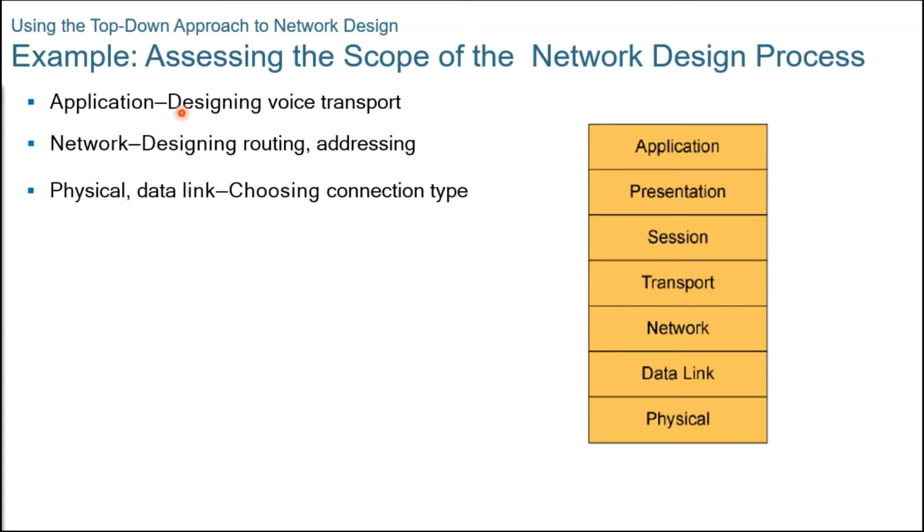Also, we have here an example of assessing the scope of the network design process based on the OSI layers. On the application layer, designing voice transport. On the network layer, designing routing and IP addressing. And on the physical and data link layers, choosing a connection type. So that is based on the 7 layers of the OSI model.